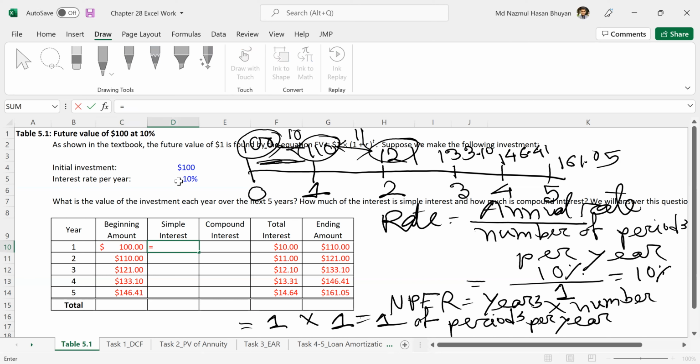So let us now apply interest rate over your principal only to get your simple interest. Okay, so here your principal is $100 and then your interest rate is 10%. Again, your principal is $100 and then your interest is 10%.